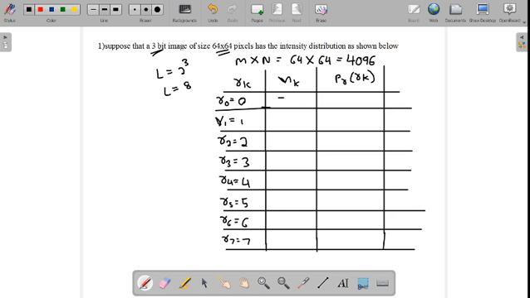Similarly 1023 pixels with intensity 1, 850 pixels with intensity 2, 656 with intensity 3, 329 with intensity 4, 245 pixels with intensity 5, 122 pixels with intensity 6 and 81 pixels with intensity 7.